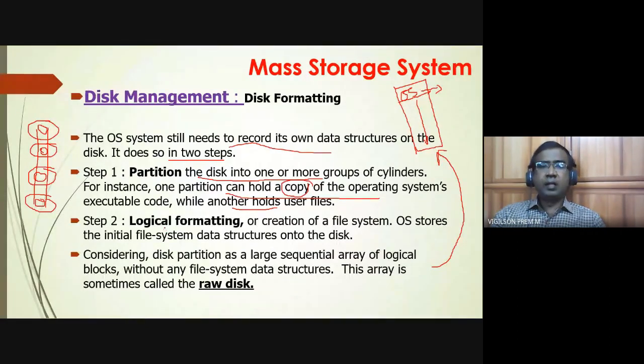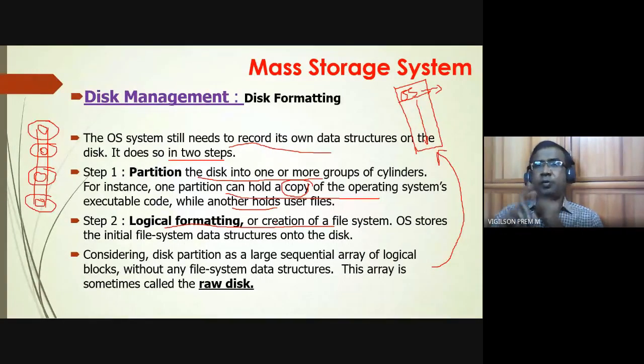Now, the third step is logical formatting, which means creation of a file system. First is dividing it into tracks, then dividing it into sectors, then assigning data structures, that is physical formatting. Then assigning a file system, that is referred to as logical formatting. What do you mean by file system?